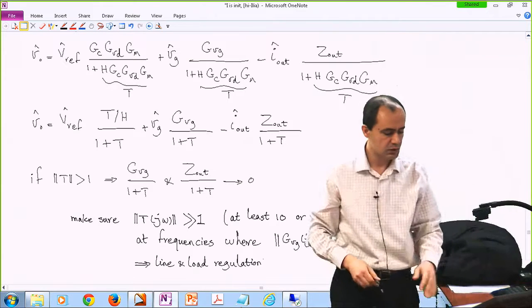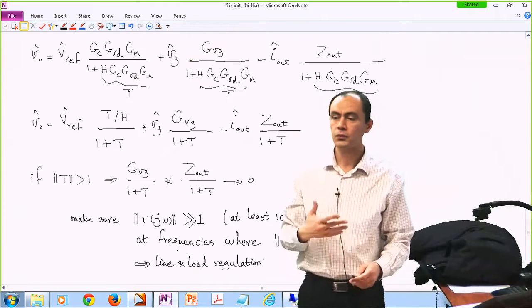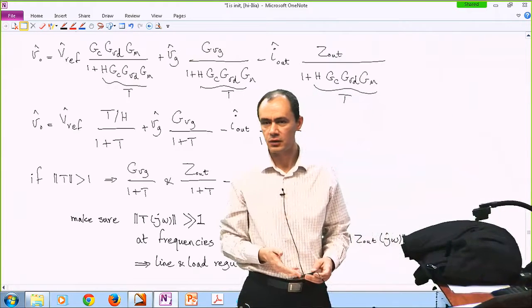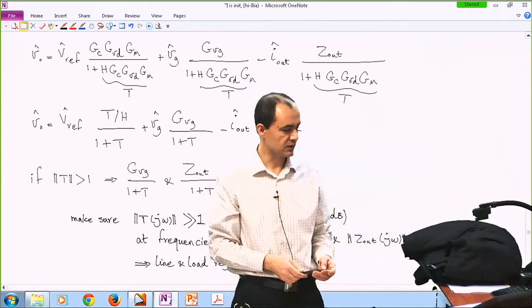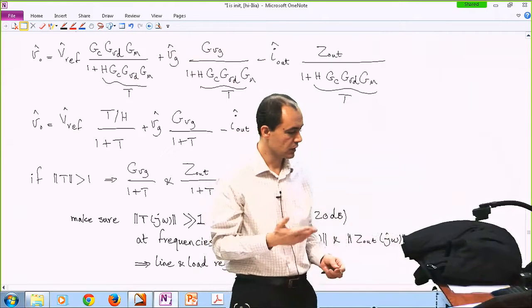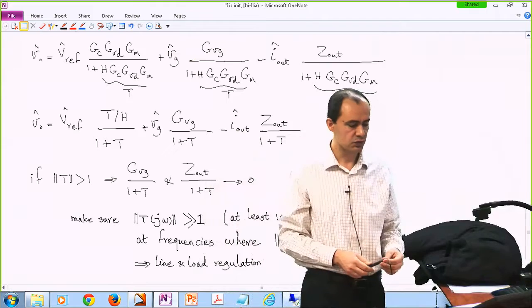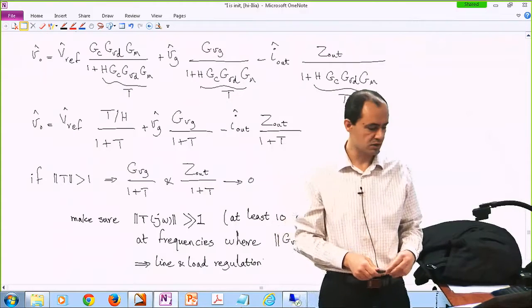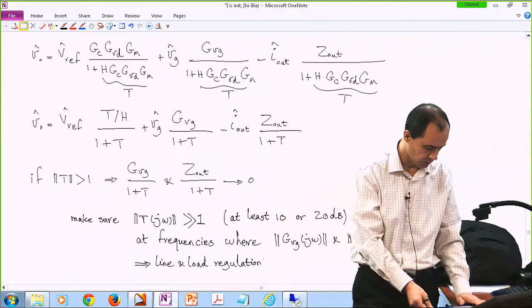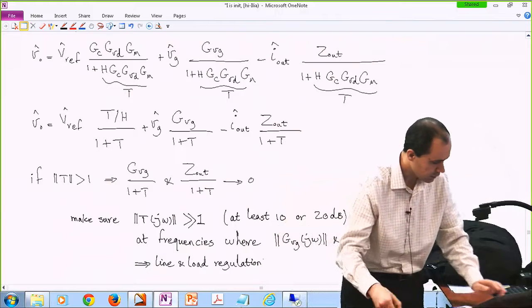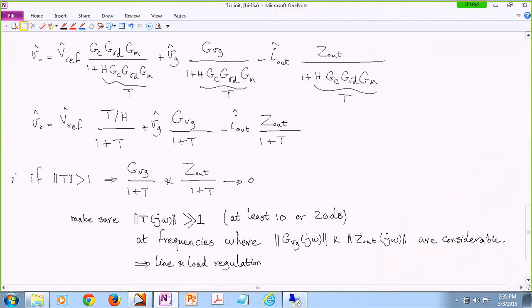So line regulation means your output voltage is almost insensitive against variations in the input voltage. Load regulation means your output voltage is insensitive against variations in the output current. So that was one observation.